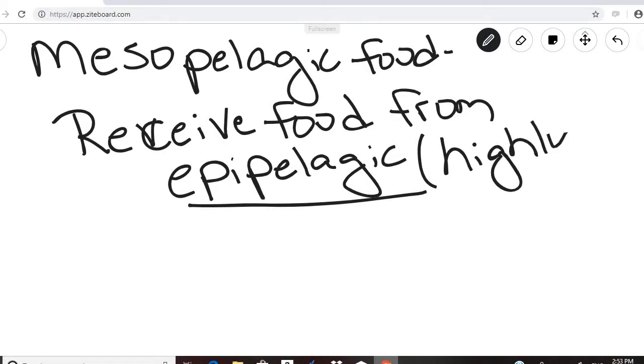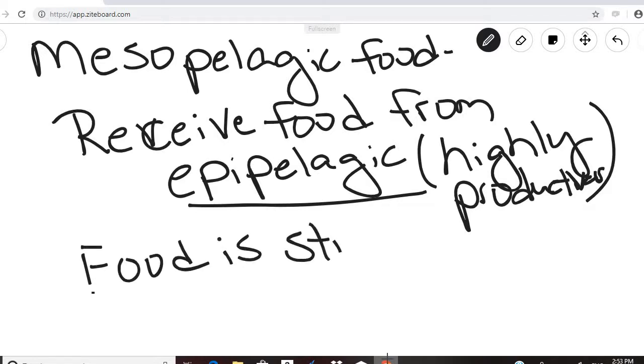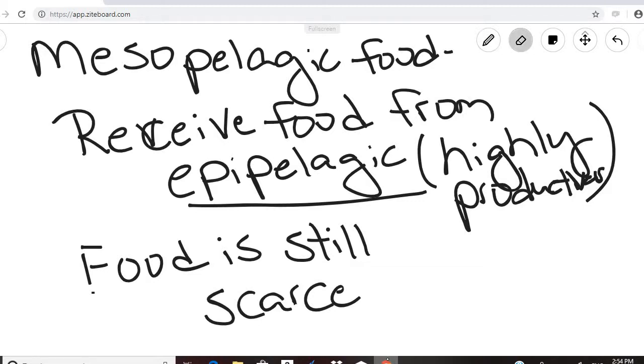And so because of that, the mesopelagic area benefits from its overproduction. However, the food is still relatively scarce in this area. And so the animals that are living there have to be able to capture as much food as they can. So let's look at some of the ways that they can do that.